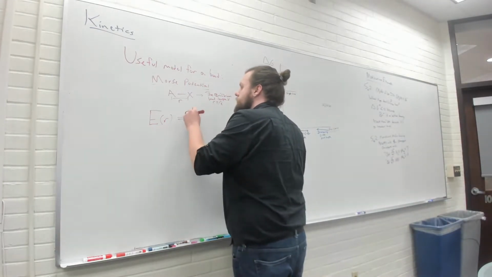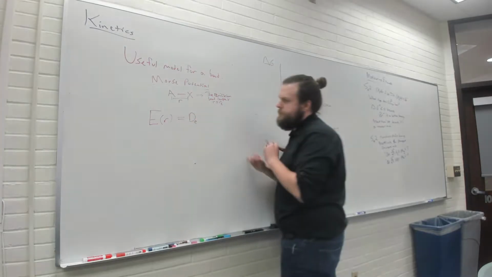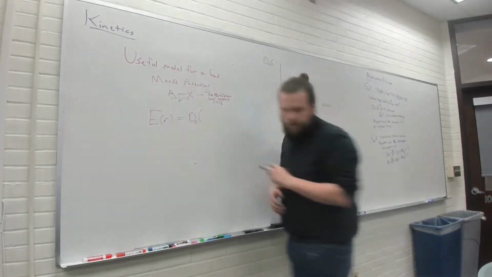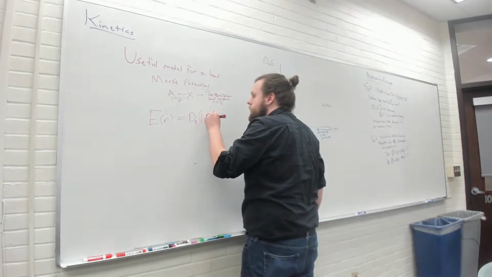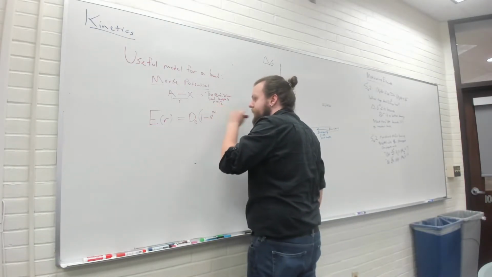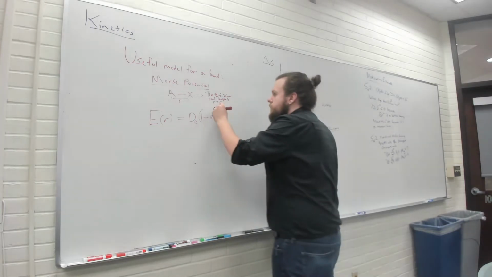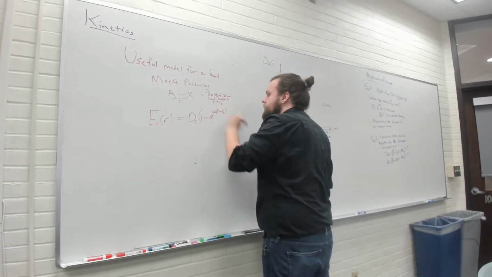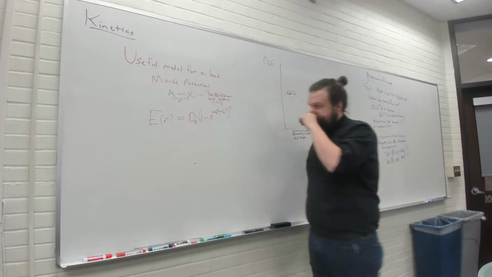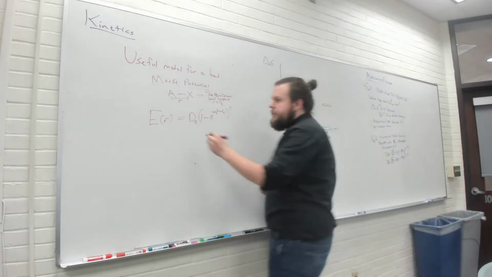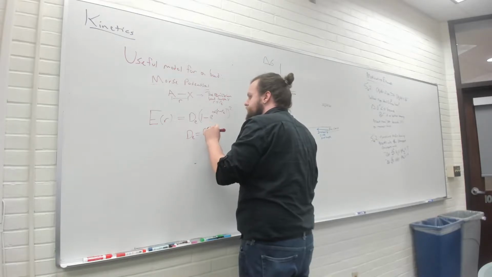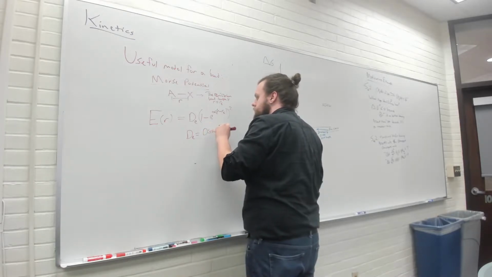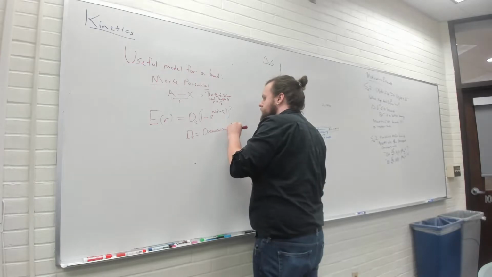So E of R is this number D sub E, I'll define it in just a minute, and let me make sure I get the order right. It's 1 minus e to the alpha, I'll define alpha in a second, R minus R_E, all squared. All right? And D sub E is what's called the dissociation energy of the bond. All right? It's the bond strength.